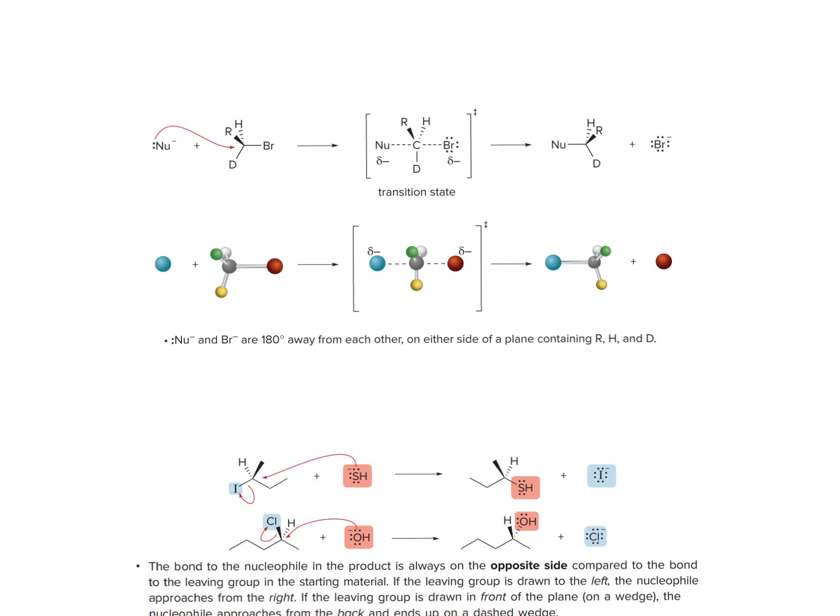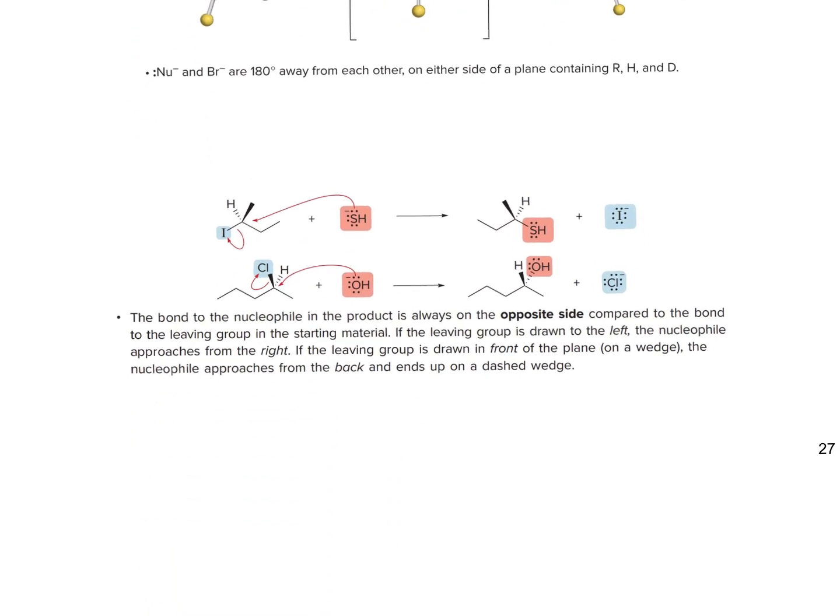So if we look at two specific examples here, I want you to notice, right, this is an example of a backside attack. It comes in and attacks on the opposite side from the halogen, and we end up with a different configuration than we do here. Same thing occurs here, right, where this OH comes in from the opposite side of the halogen.